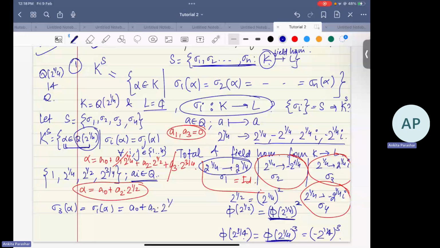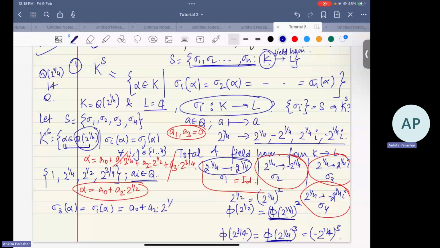Right. Now we have all the sets and we need to find what is K of S3, which is sigma 1, sigma 2. We know what a fixed field is, right? It's the set of all those alpha in Q root 2 root 3 such that sigma 1 alpha is the same as sigma 2 alpha is sigma 3 alpha.